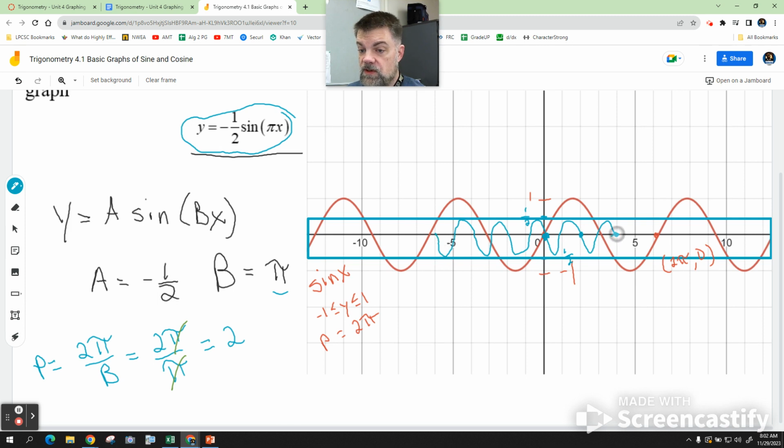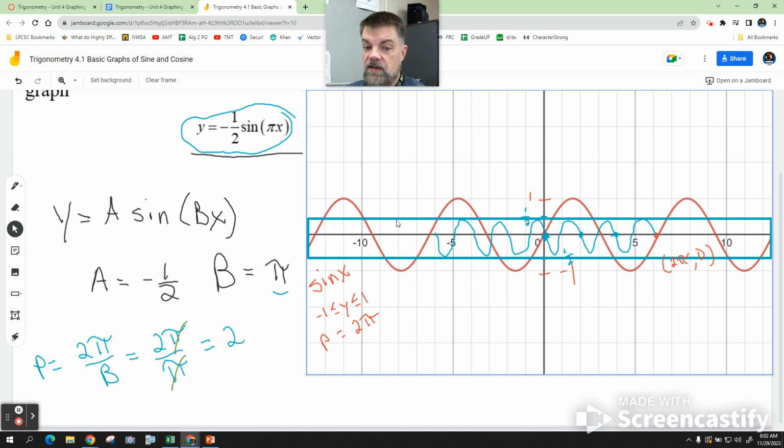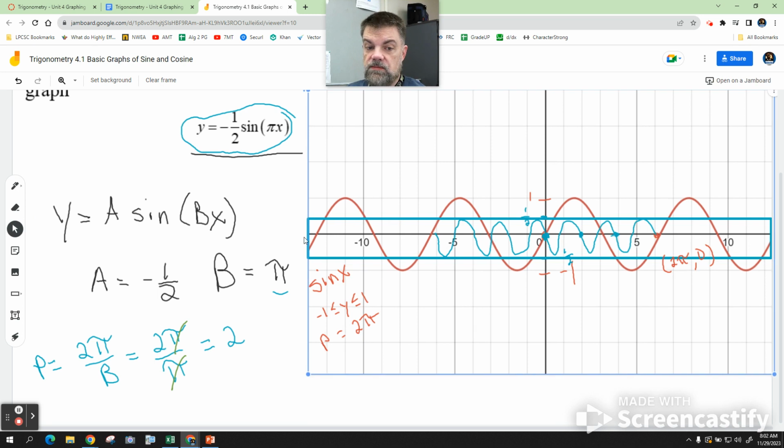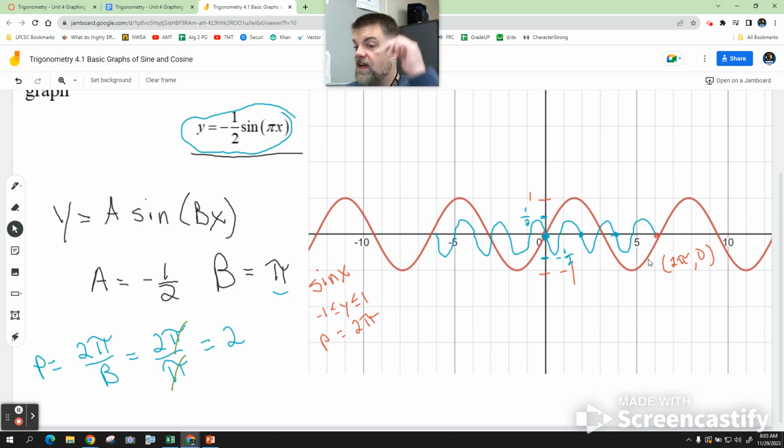And let me finish this one off here. Okay, so that's kind of what it would look like. So now if I remove that boundary, I just kind of sketch that in there. That's kind of what it will look like.